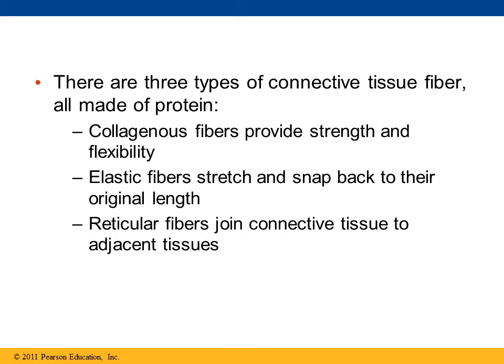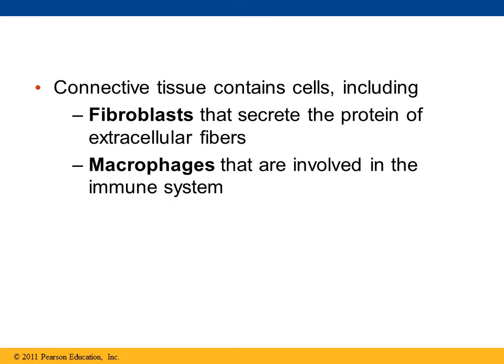Then we have reticular fibers, which join connective tissue to other adjacent tissues. Now, there are two types of cells in connective tissue: fibroblasts and macrophages. Fibroblasts secrete the protein of extracellular fibers, while macrophages are involved in the immune system, which is going to be the next chapter that we talk about.